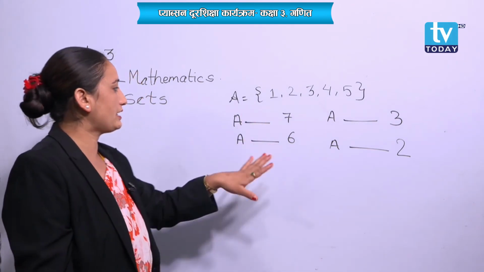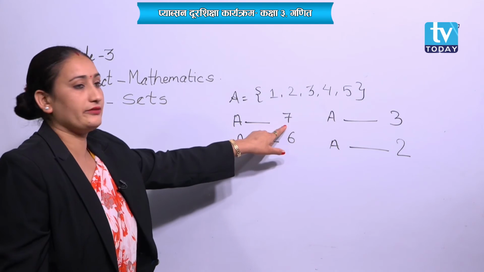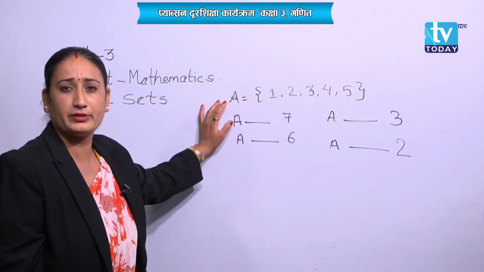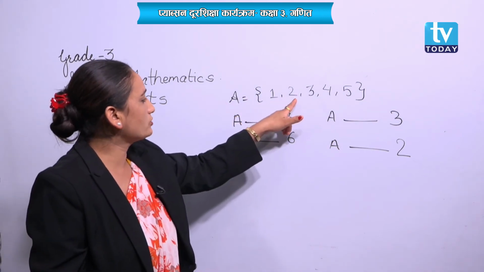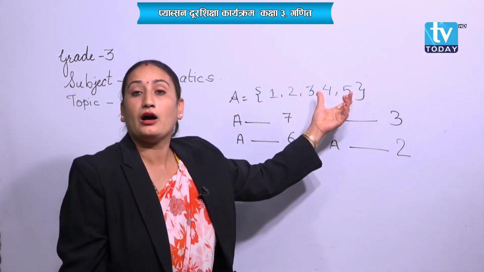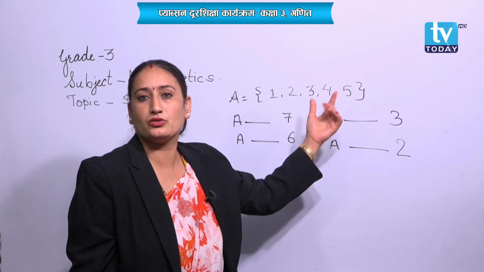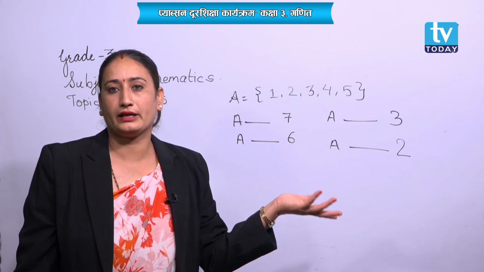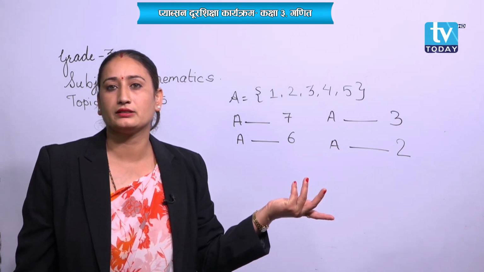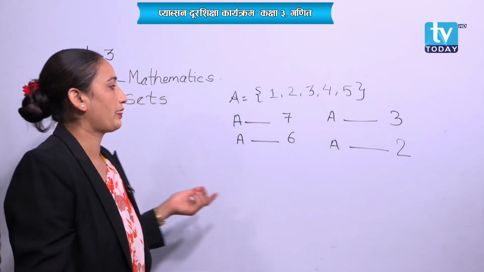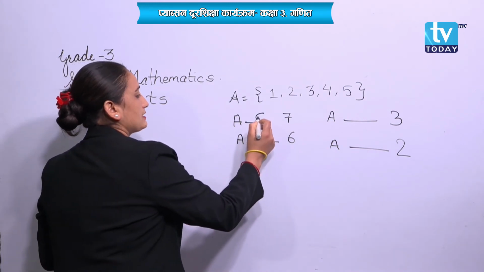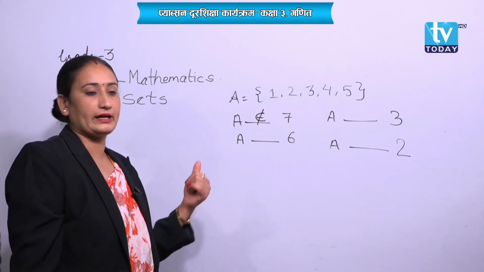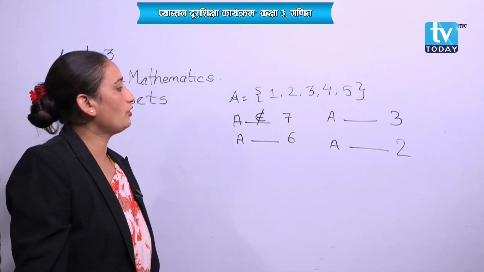Tell me, students, does 7 belong to set A or not? Please have a look: 1, 2, 3, 4, 5. Up to 5 is there. So, that means 7 doesn't belong to group A. Then how to write? That means we have to write it this way. Right? Okay. Now, next.